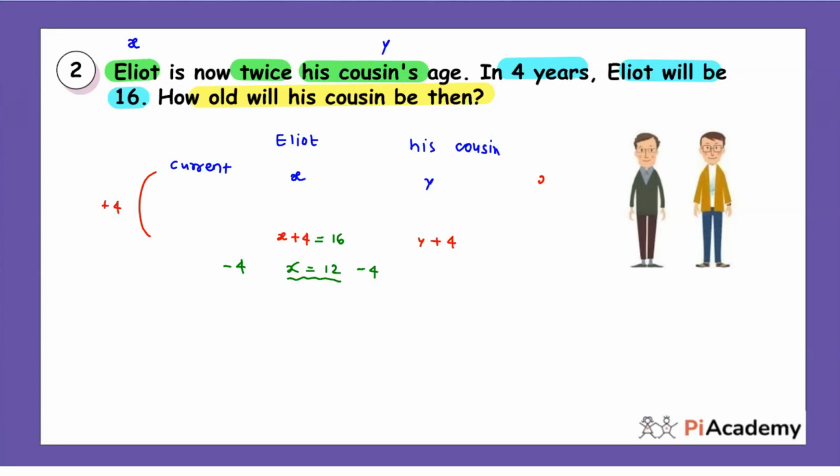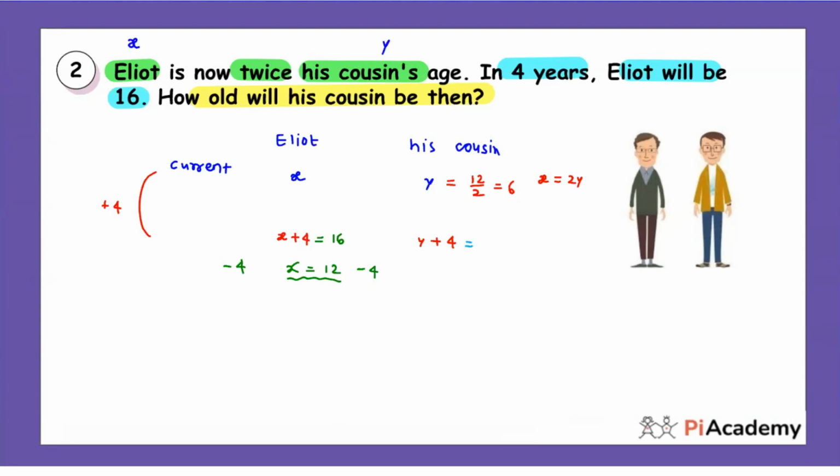X equals 2y, right? So from that, you come to know that y should be how much? Y equals X divided by 2, and that means 12 divided by 2. So Y equals what? 12 divided by 2, and that's why it is 6. But they are asking how old will his cousin be then? So they are interested in this, right?